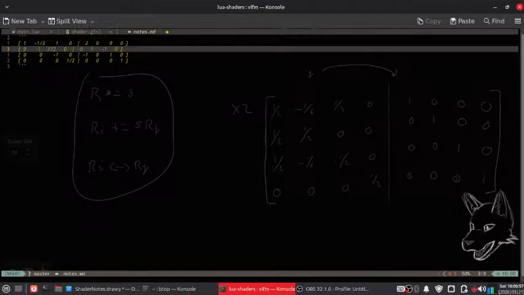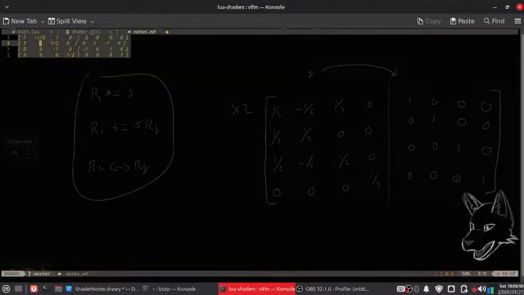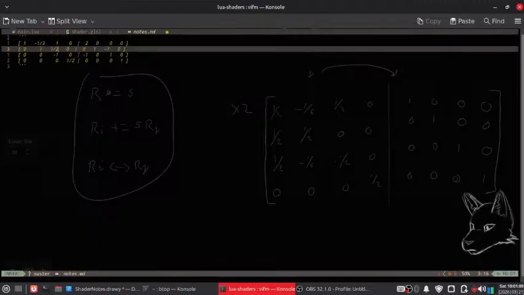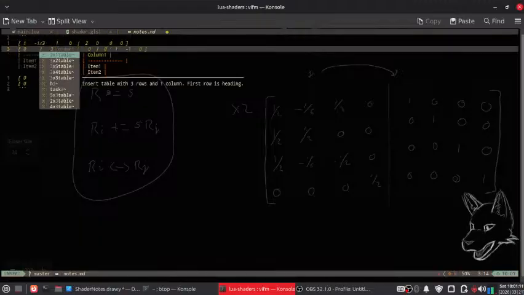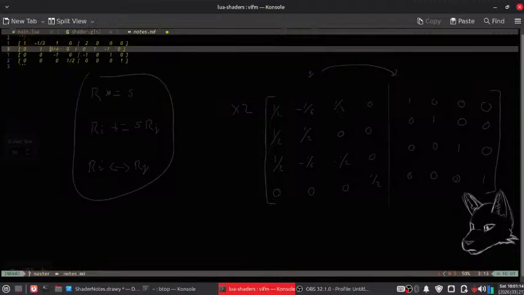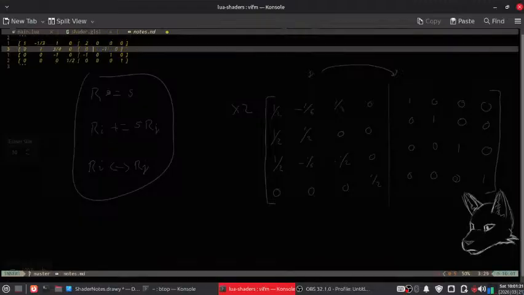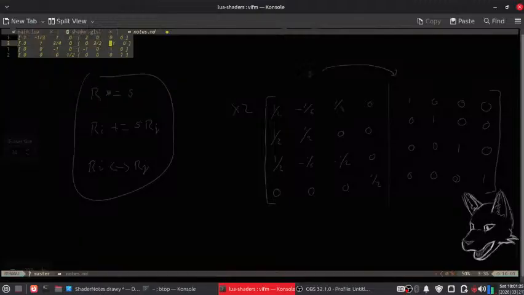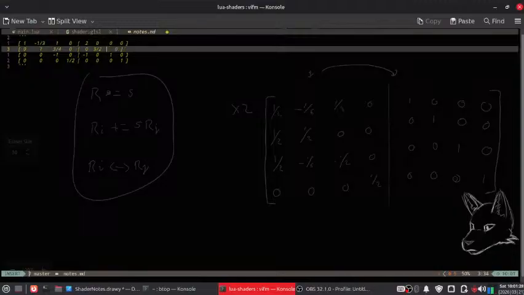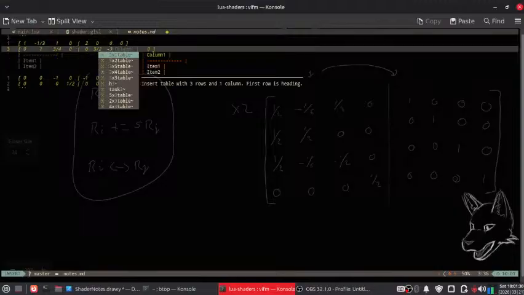This is by definition 1. 3 divided by 2. 3 quarters. 3 quarters. 3 divided by 2. Minus 3 divided by 2.